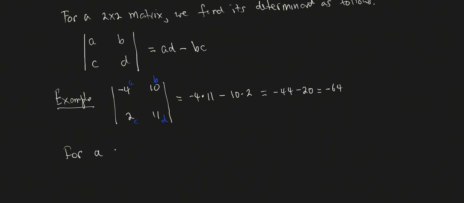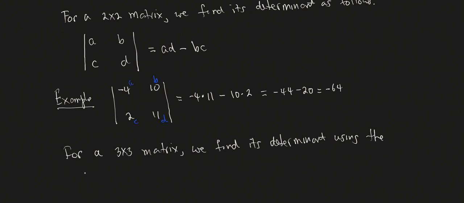So for a 3 by 3 matrix, we find its determinant using what's called cofactor expansion.